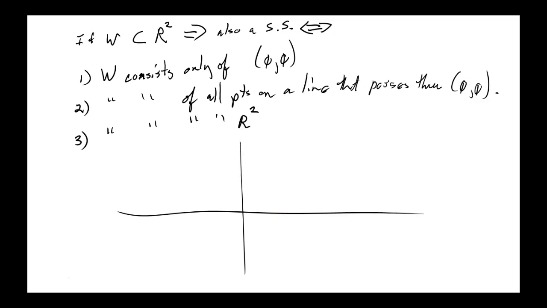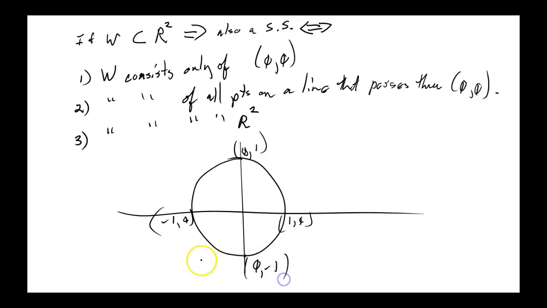Now, they pick one, as they said, the unit circle. This is 1, 0, 0, 1, minus 1, 0, and 0, minus 1. That's not a subspace. It's certainly a subset, not a subspace.